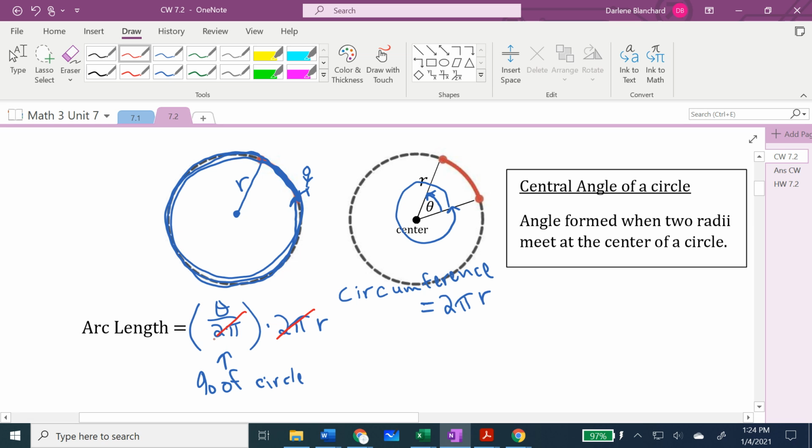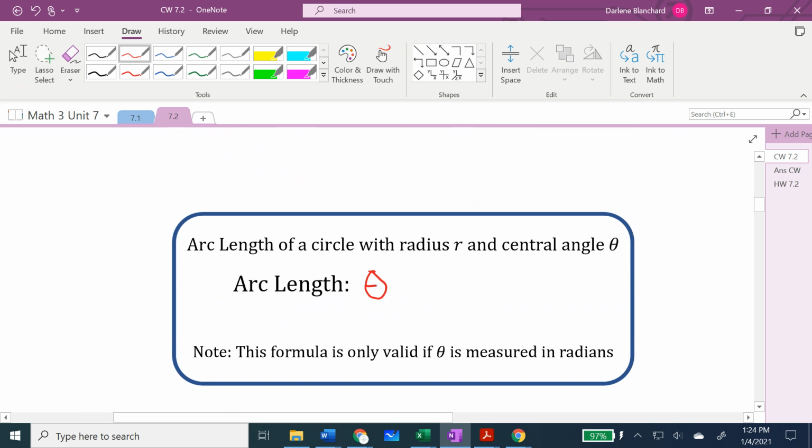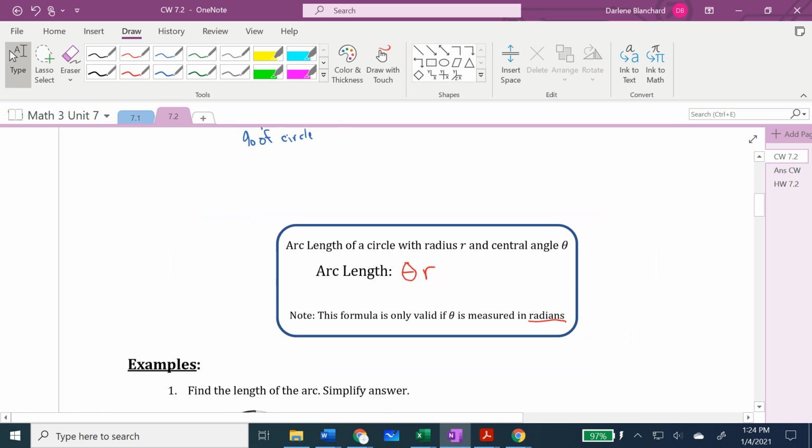The 2 pi's cancel, and you are literally left with just theta times r. That's it. But very important, your angle must be in radians or this will be an incorrect formula. But this is why mathematicians like to use radians.